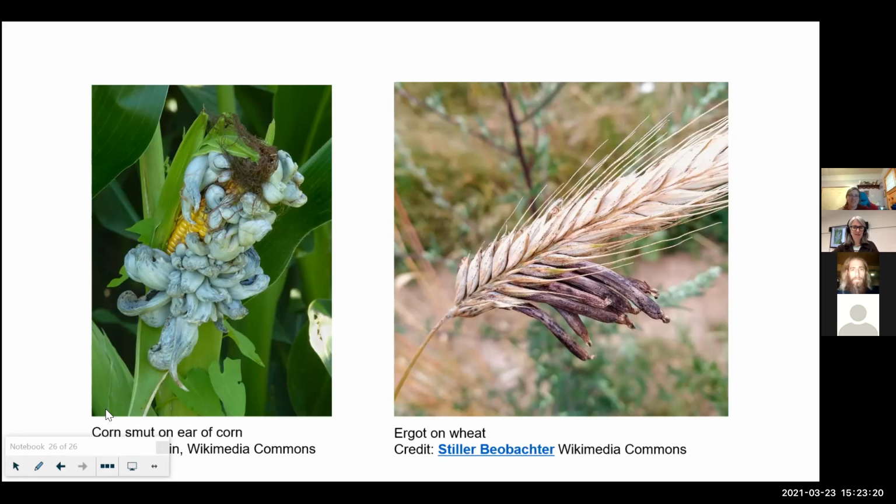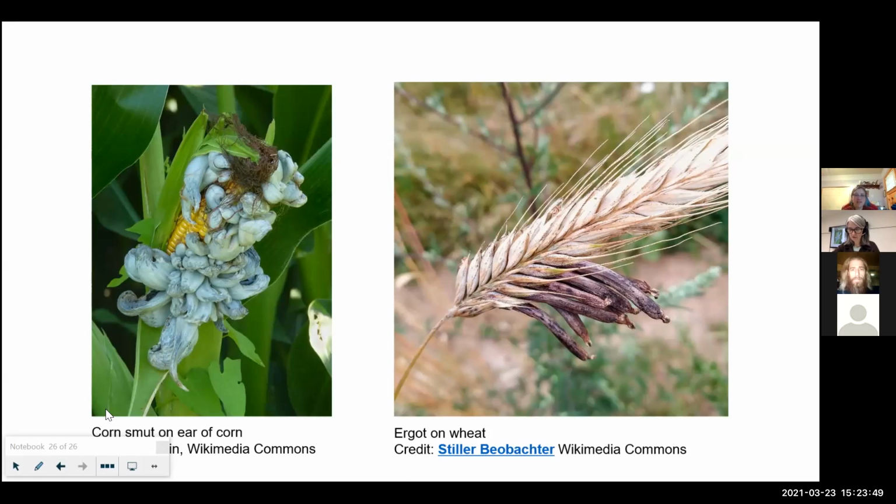Over on the right is a very, very serious plant pathogen. It's an ascomycete, and it's called Claviceps purpurea, because it's kind of purple. Okay, and it produces a toxin. Among other things, it produces a toxin called lysergic acid, which is the active ingredient in LSD, which is a psychoactive and psychotropic drug.